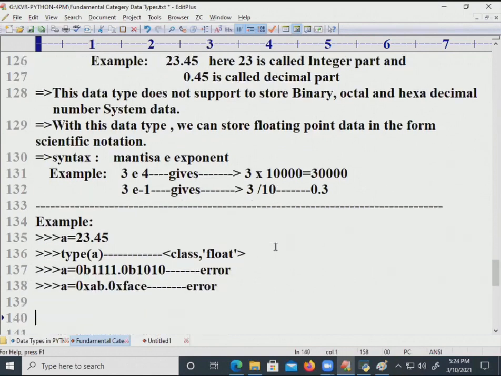And you write the examples. Programmatic statement examples you write.